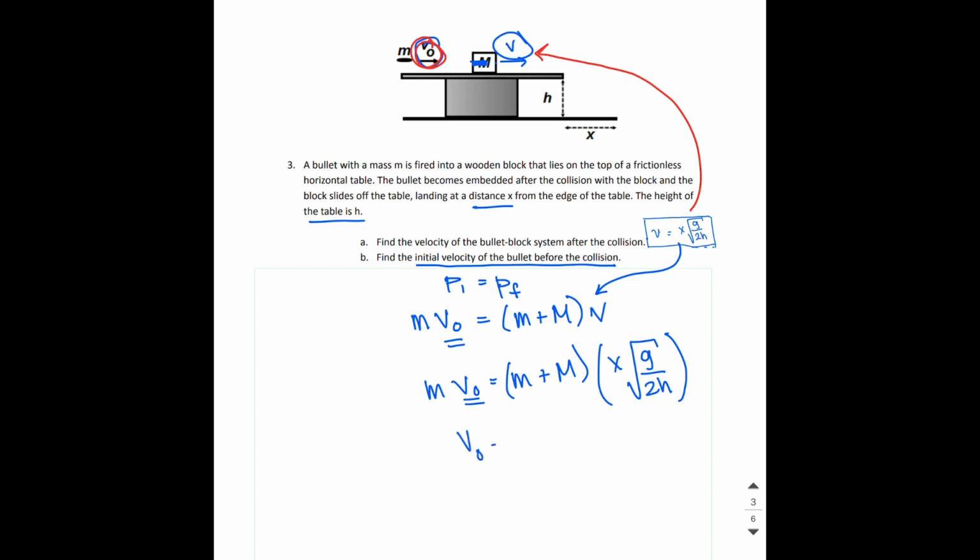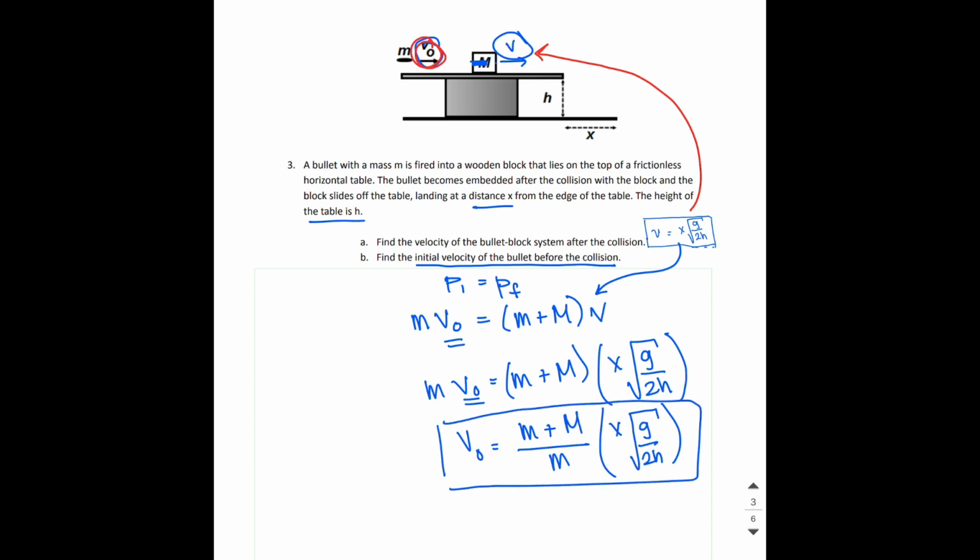So I get V naught is equal to m plus big M over little m times x times the square root of g over 2h. So it's not pretty, but this is my V initial.